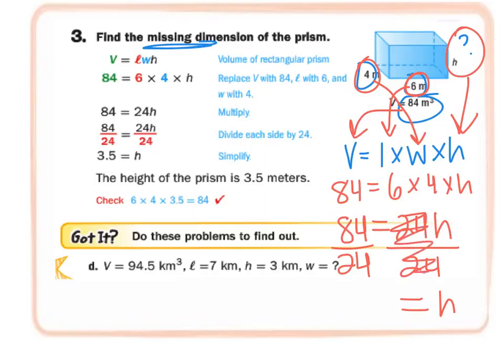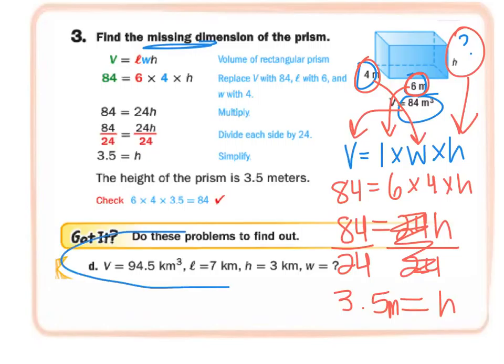So that cancels out. 84 divided by 24 is 3.5, and that would be my h. So h should be 3.5 meters. And it's not meters squared and it's not meters cubed because it's just a dimension. It's just a length. It's not anything times each other. It's just one length, so it stays by itself.